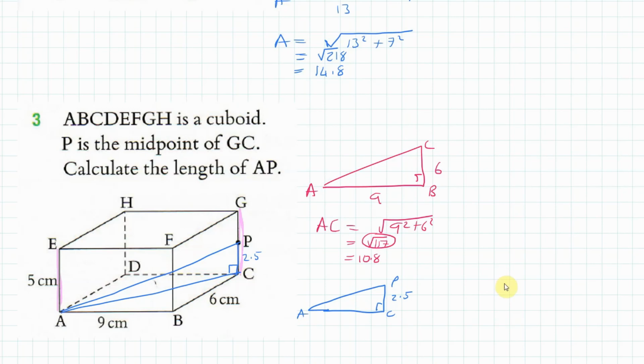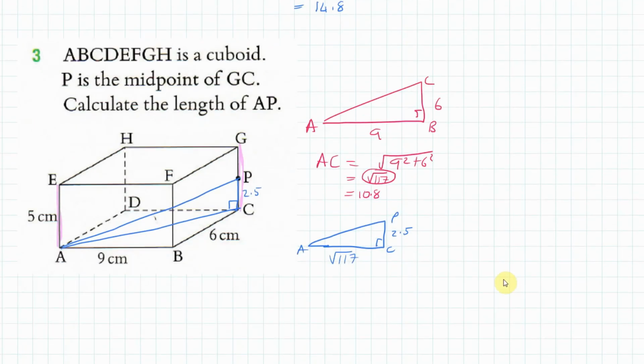We know AC is square root 117 because we found that in the previous question. And so now we can find out what AP is. So AP is equal to the square root of square root 117 squared, which is obviously just going to be 117, plus 2.5 squared. Now we put that into our calculator. What do we get? Final answer is 11.1 to 3 significant figures for me.